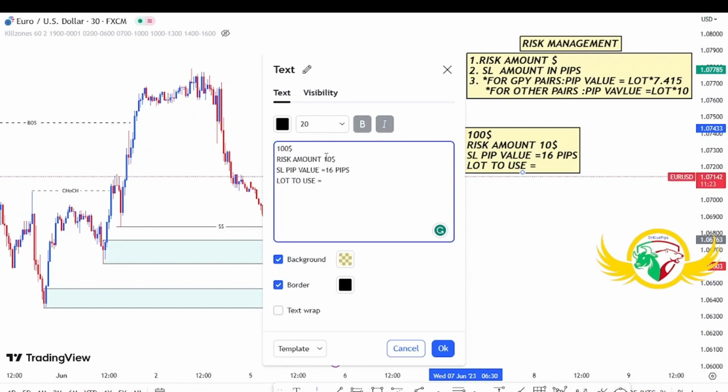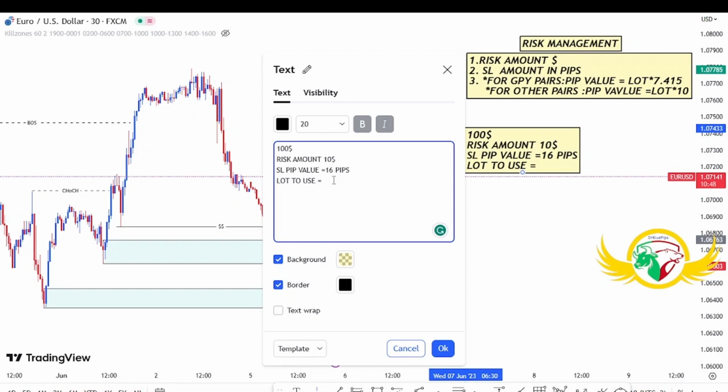If you risk $5 and you know your stop loss size in pips, for this trade we saw that it's 16 pips, now we can calculate the lot size so that we will not lose more than what we have planned. For this trade, on our $100 account, we are risking $10. Stop loss is 16 pips, and we are going to calculate the lot size.